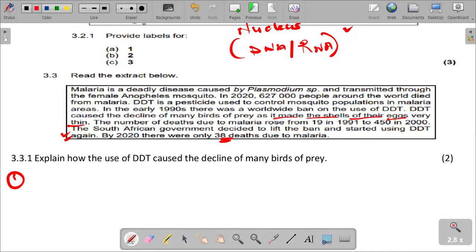So the shells of their eggs became very thin.